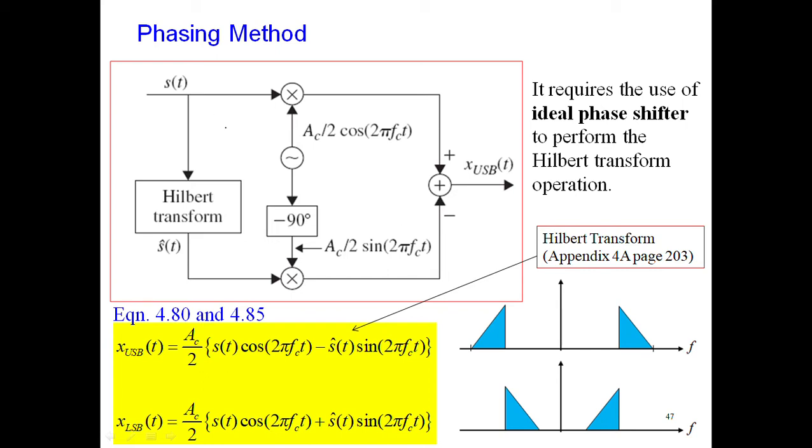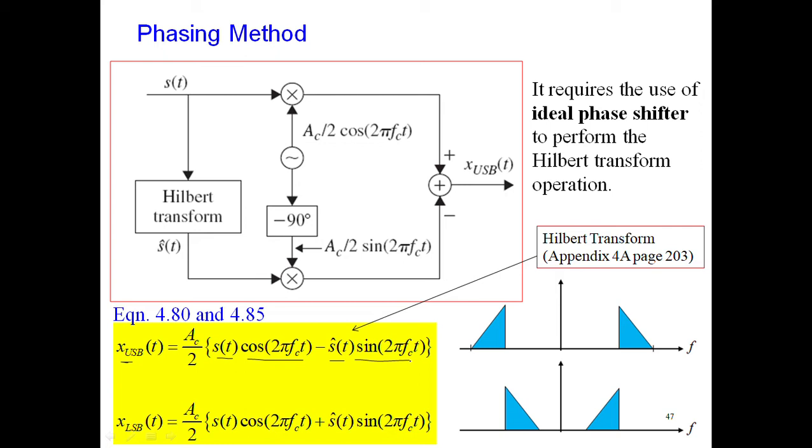Using the phasing method, if you see this equation, X USB is the modulated signal, but you only focus on the upper sideband. For the upper sideband, we use the formula Ac divided by 2, where Ac is the amplitude of the carrier, multiplied by the signal and the carrier, minus the Hilbert of the signal and the Hilbert of the carrier.